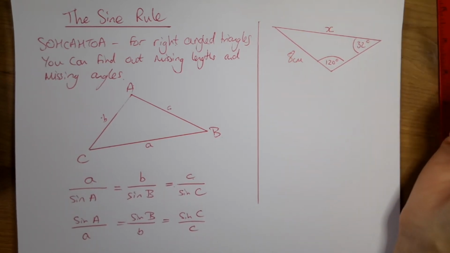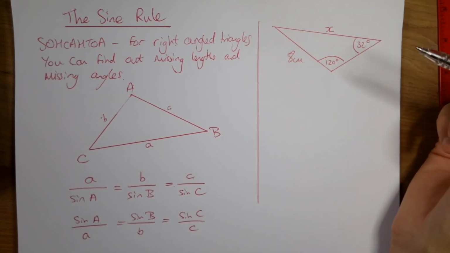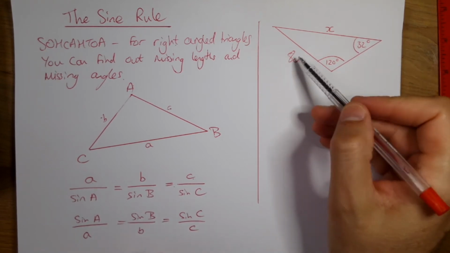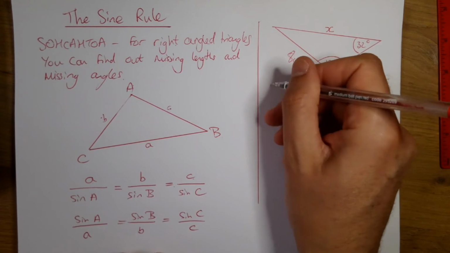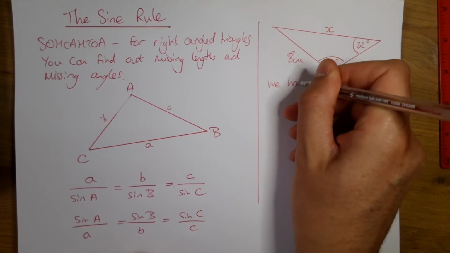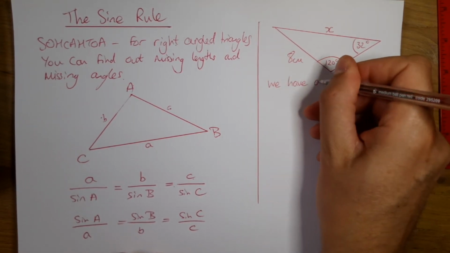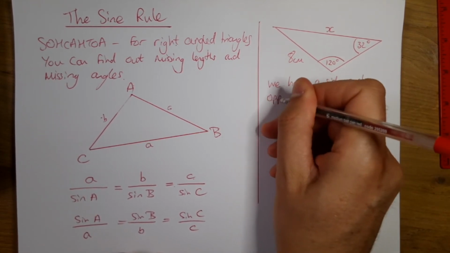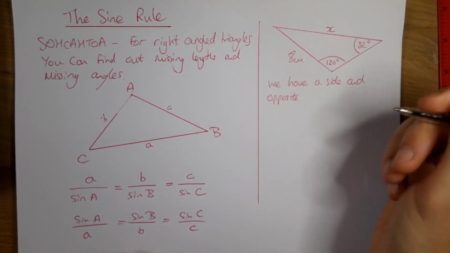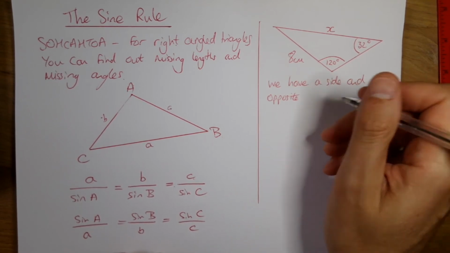Now, we're able to use the sine rule because we have a side and opposite angle pair. I'm going to write that down because that's important. You cannot use the sine rule unless you have those two things.